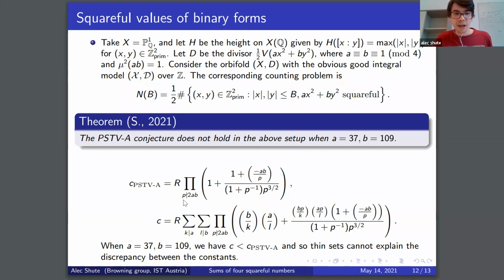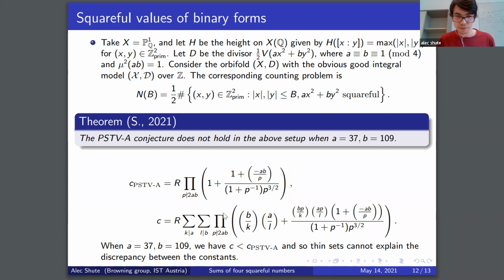And then to find an asymptotic formula for N(B), we followed basically the same approach as in the sums of four squareful thing. So we write Ax^2 + By^2 equals u^2 v^3. We fix the v's, count points on the conic, and then take a sum over the v's. And this is actually quite a bit easier than the four squareful thing we did before.